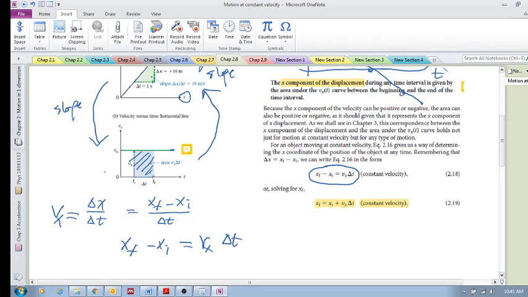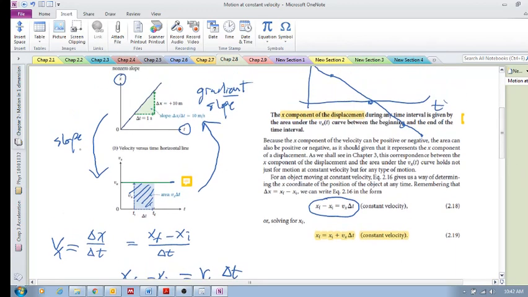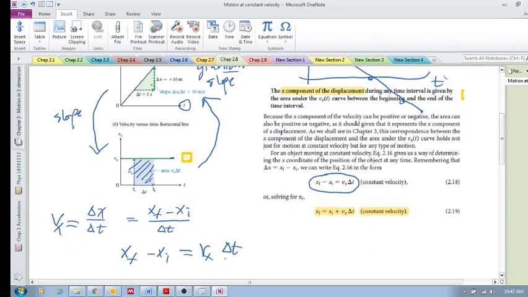So remember, if you've got position time, you get the velocity by calculating the slope. But if you've got velocity time like this, and you want to construct the position time curve, we can use this.